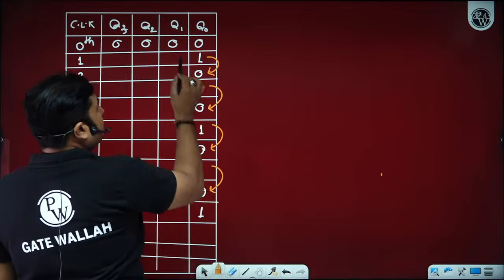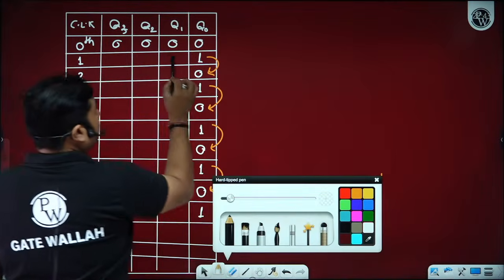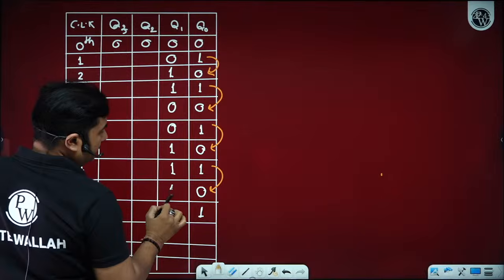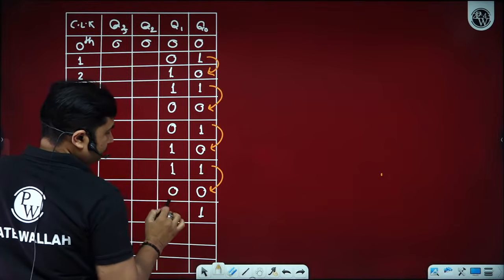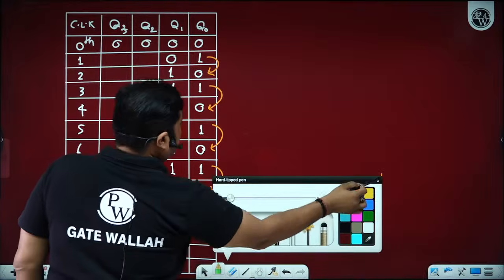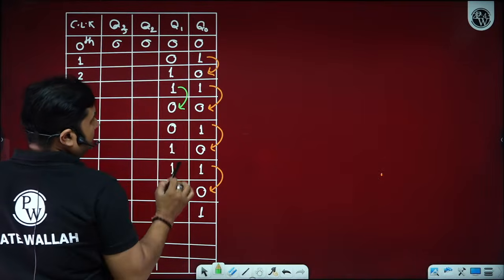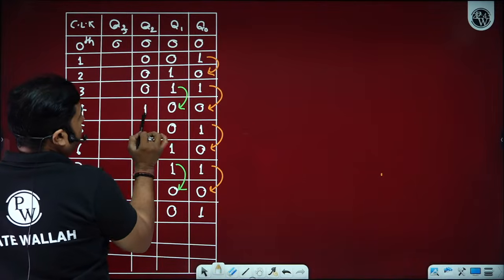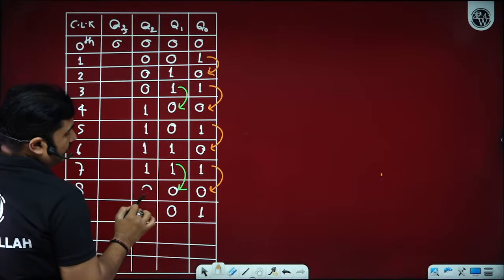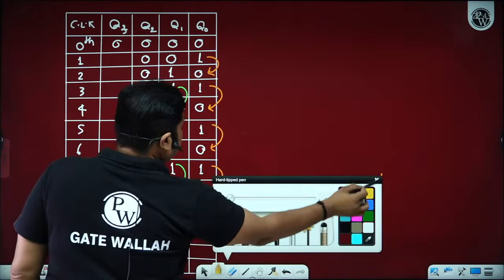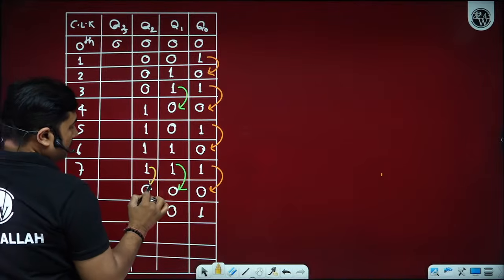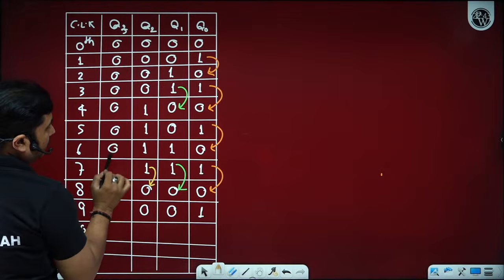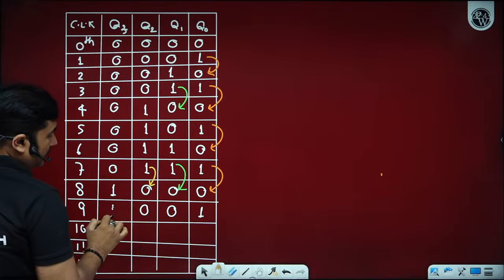How many of you are able to understand up to this part? Great, sir. Then Q2 toggles whenever Q1 changes from 1 to 0. Similarly, Q3 toggles whenever Q2 changes from 1 to 0. Is it okay? Yes, sir.